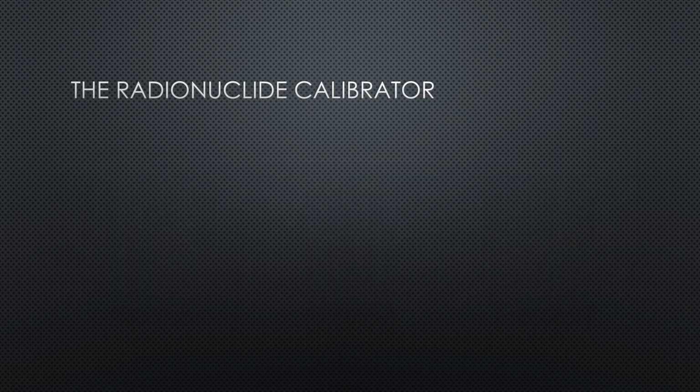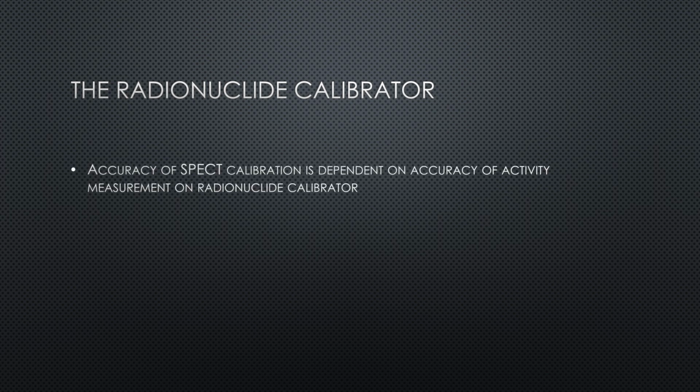The radionuclide calibrator is very important in the quantitative imaging chain. The accuracy of your SPECT calibration is going to be dependent on the accuracy of the activity measurement in your radionuclide calibrator. This is assuming you're not using those NIST sources.